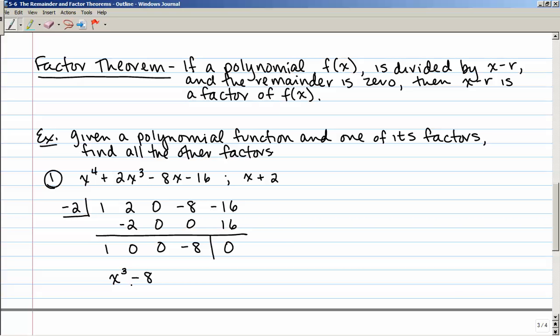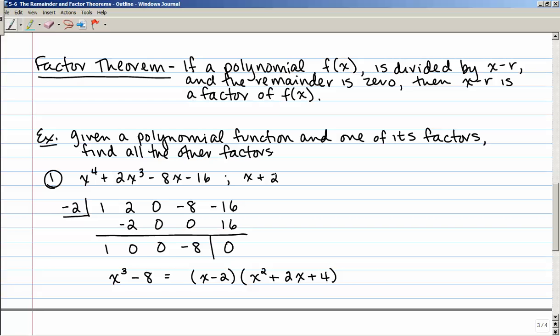So my other factor is x cubed minus 8, which will factor as the difference of cubes. 8 is 2 cubed, so that's going to be x minus 2 times x squared plus a times b, so 2x, and then b squared is going to be 4.